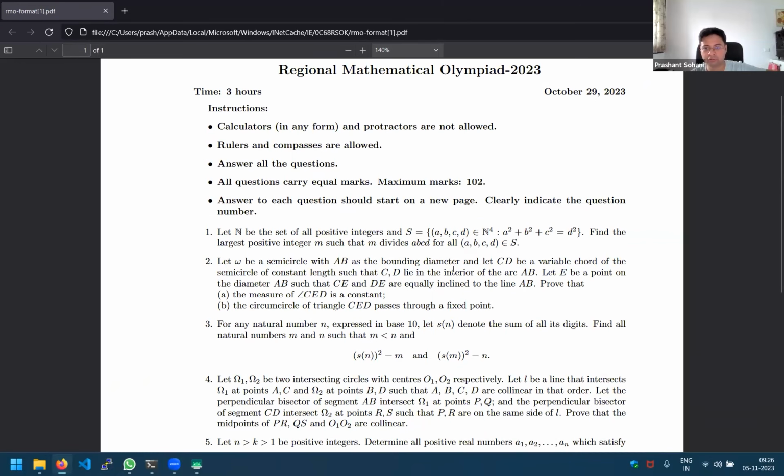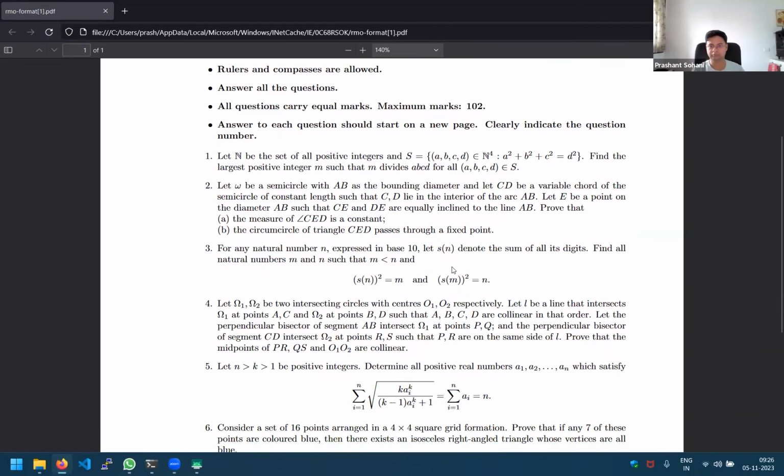Okay, then what about question 2? Anybody who solved this question? Okay. Yes, just a minute, let me draw the diagram first.